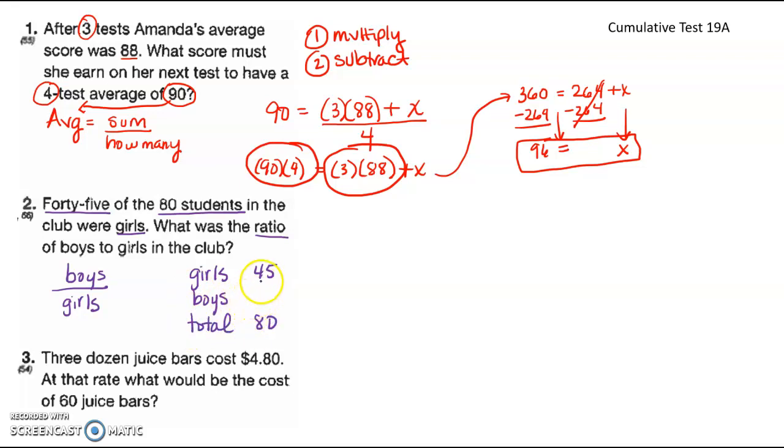So to find boys, I'm going to have to subtract 80 minus 45. So there's 35 boys. Now we want to know the ratio of boys to girls. You see how the number 80 is not even in there? And now I'm going to have to reduce. So let's divide by 5. And I get 7 over 9, and that is my answer.